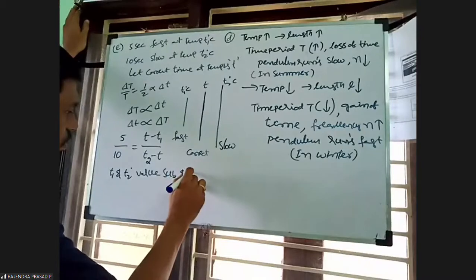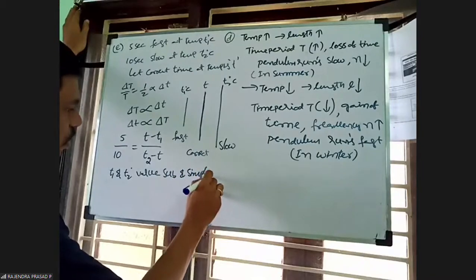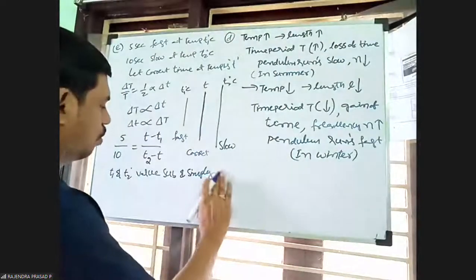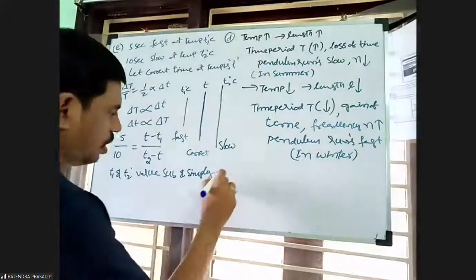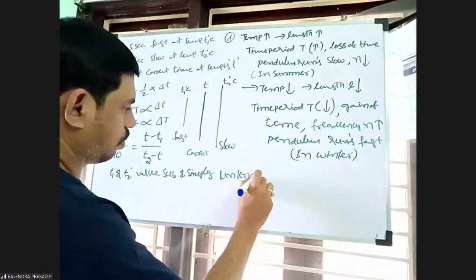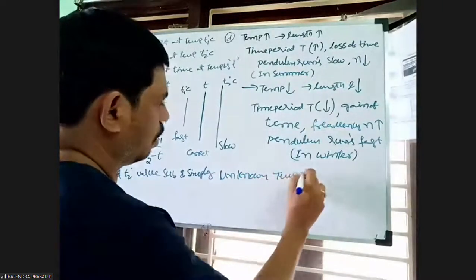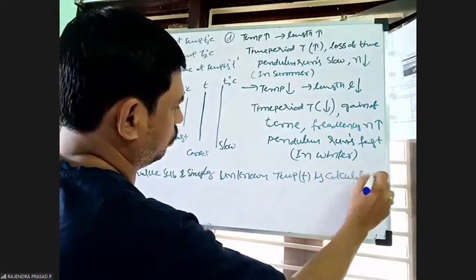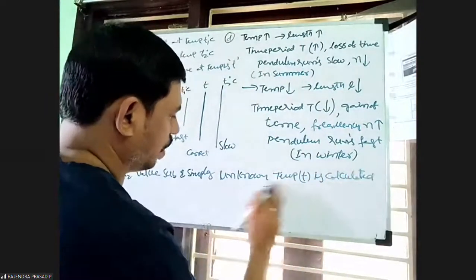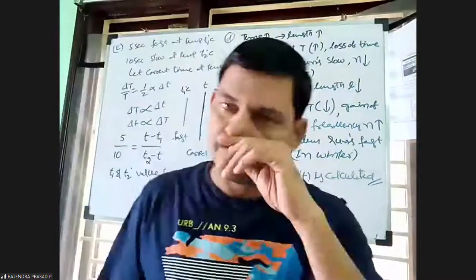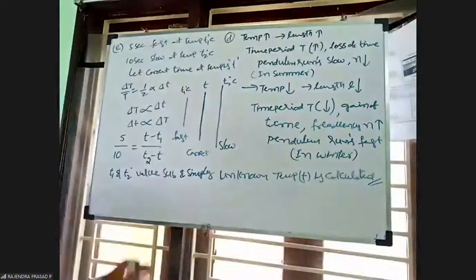And the unknown temperature T is calculated. This is very, very important. One example problem is there, the gunshot example problem.